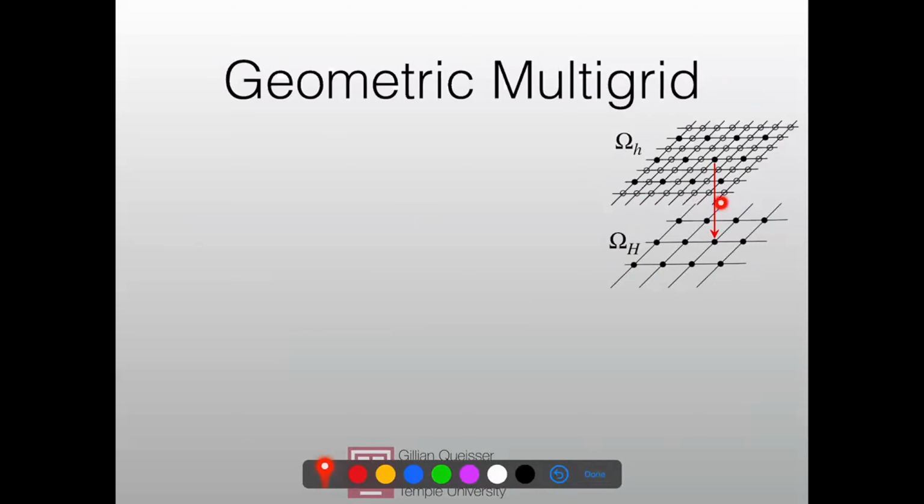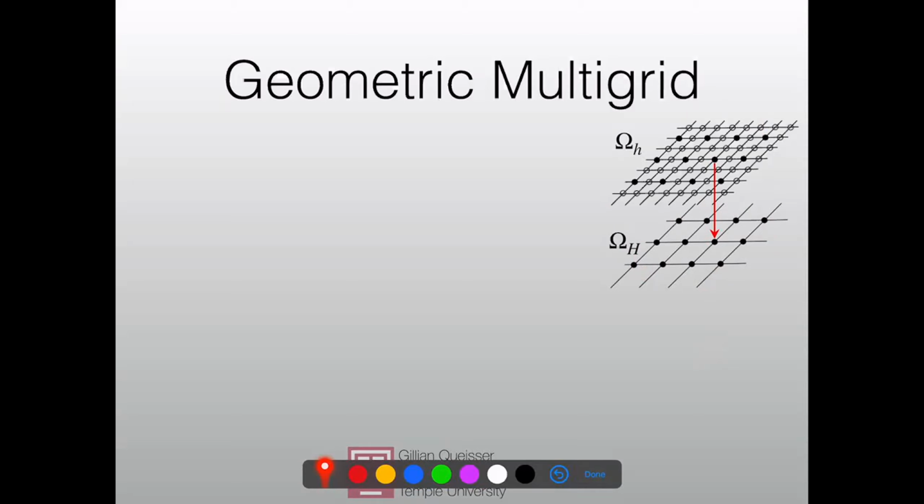So we move from a fine grid to a coarse grid and try to compute a correction to our approximate solution on the coarse grid, which is much cheaper computationally because the number of degrees of freedom on the coarse grid is far reduced. And of course, one could build a whole hierarchy of more than two grids to go down to the coarseness required to directly solve a problem on the coarse grid and use it as a correction on the fine grid.